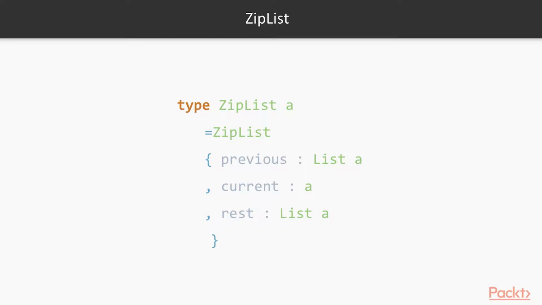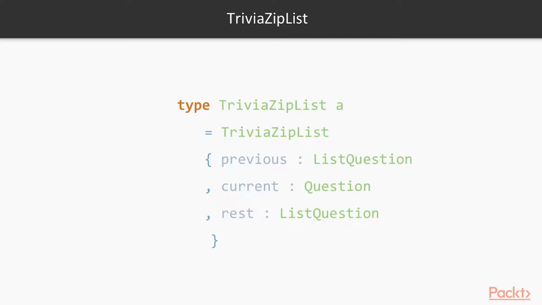As you can see here on the slide, the zip list is represented as a record with three fields: the previous, current, and rest. While the previous and rest are lists, and then they can be empty, the current is always supposed to have a specific value of type A. For the sake of simplicity, in this specific video, I'm going to use specific types.